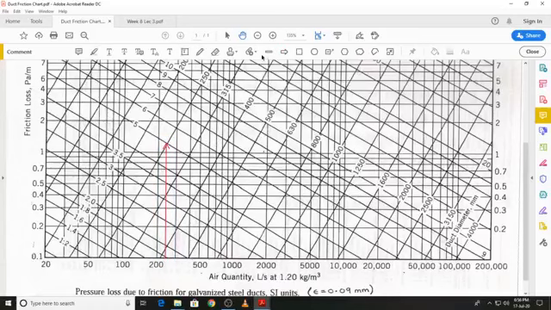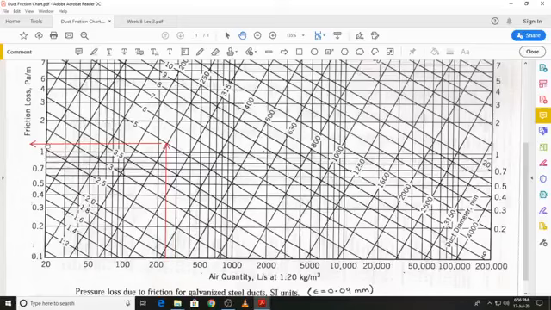And then we move horizontally to read the value of the frictional pressure drop per unit length.